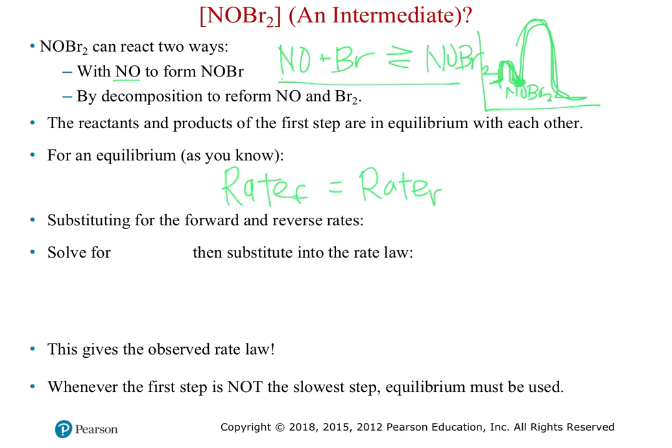So we're going to have the forward rate, which is going to be equal to K1. K1 will be the forward, K negative 1 will be the reverse reaction, times our nitrogen monoxide and bromine. That is equal to our reverse rate, which is K negative 1 times the intermediate, since the intermediate's the reactant.